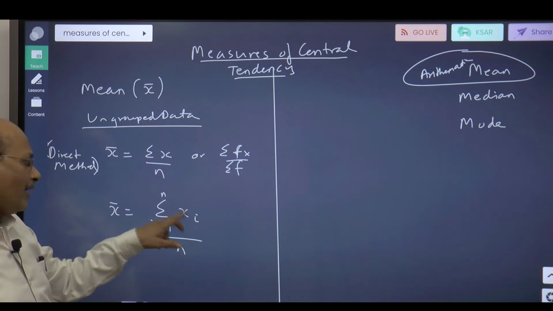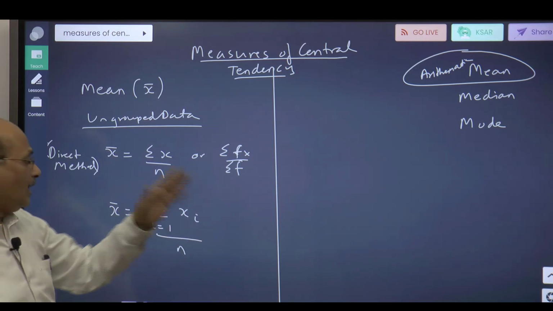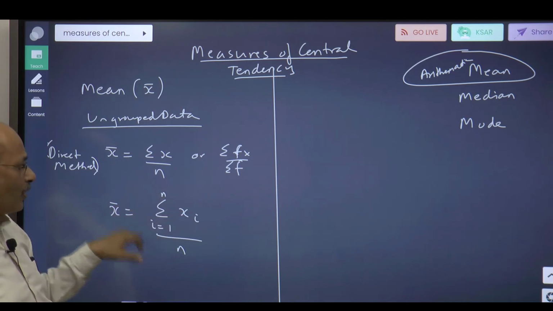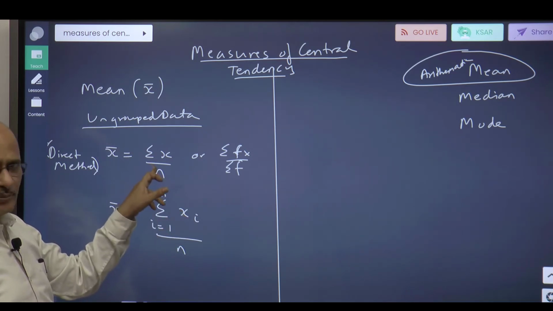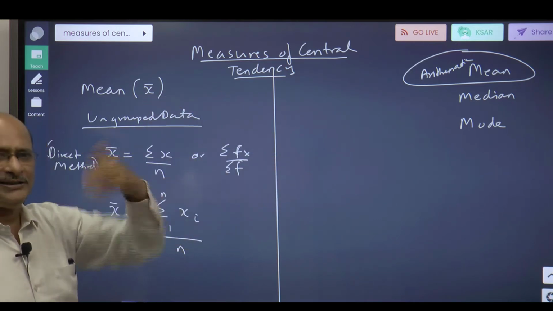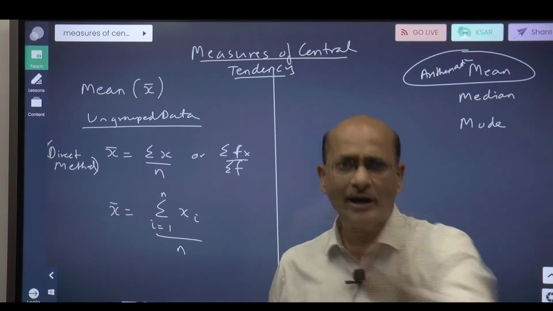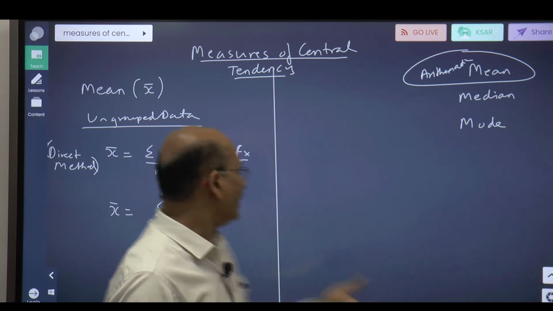So i stands for x1, x2, x3, and so on, upon n. You can use this formula also. Sum of x means sum of all the data. Everybody knows the formula for finding the average: sum of all items upon the number of items.